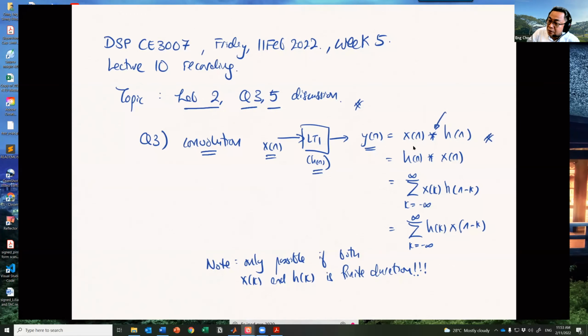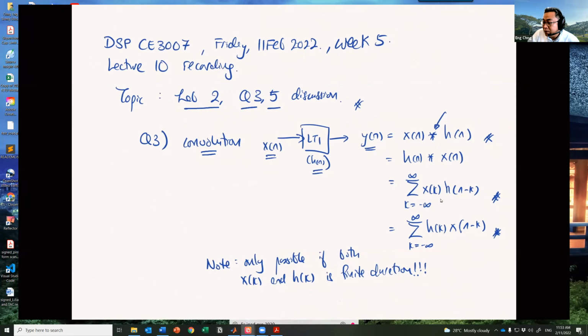And the answer for convolution is x[n] convolved with h[n] to get y[n] is the same as h[n] convolved with x[n]. So order does not matter. You can interchange x and h. What it also means is that the equation can be written in this way: x convolved with h, or h convolved with x. They all mean the same thing.